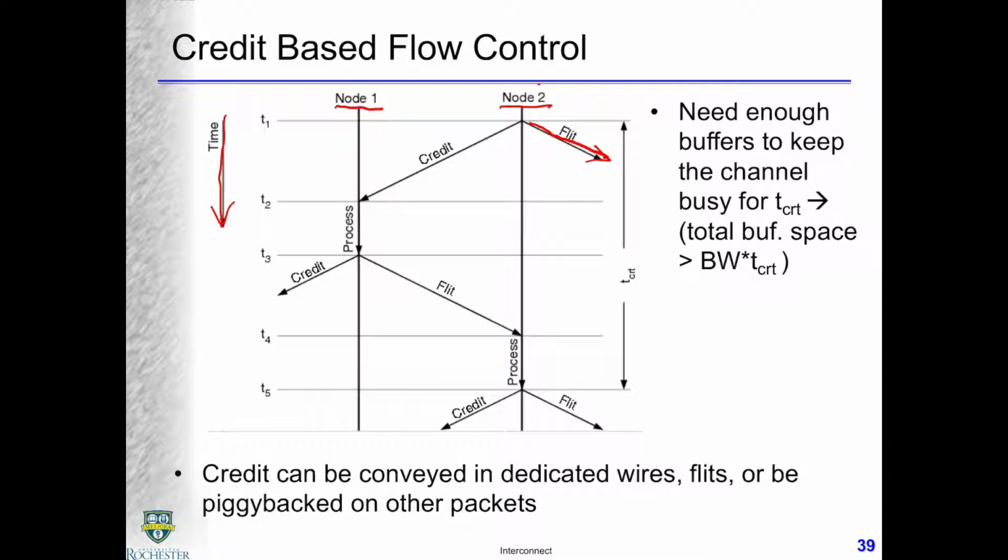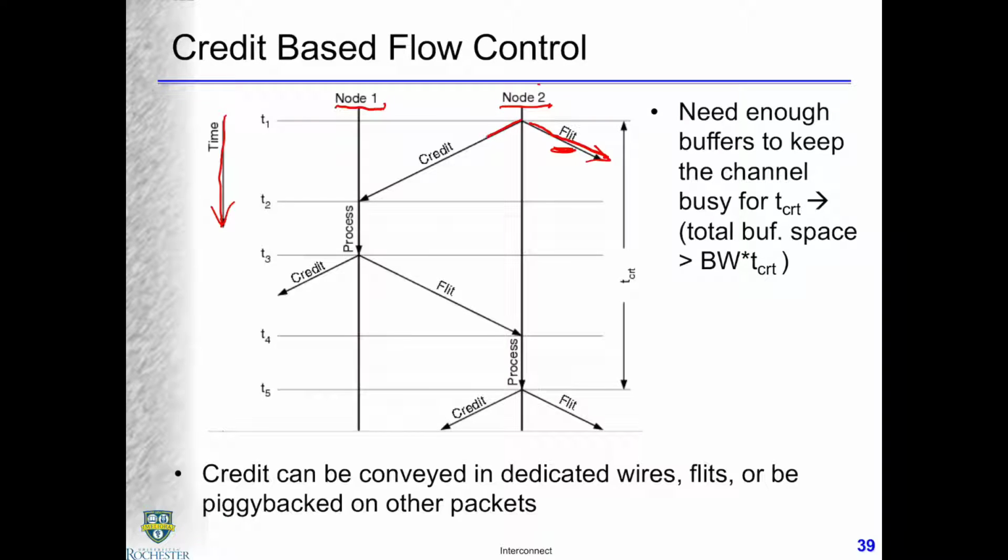Node 2 had the credit for its downstream neighbor, so it can safely send a flit, therefore creating an empty slot, which is a credit for its upstream neighbor, node 1.